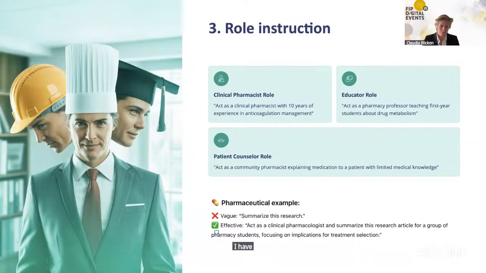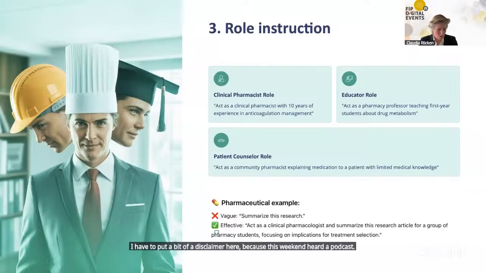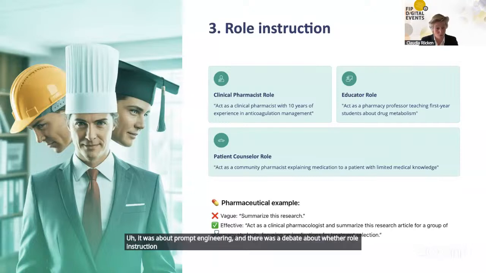I have to put a bit of a disclaimer here, because this weekend I heard a podcast about prompt engineering, and there was a debate about whether role instruction is very important, like it used to be in the past.